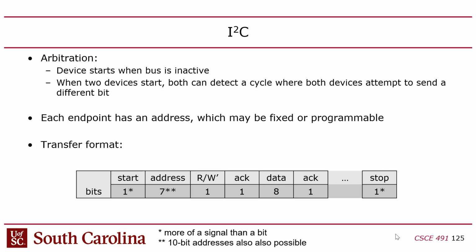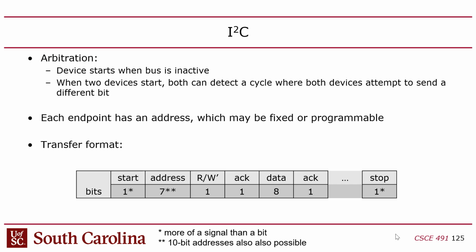So if I send the address and the read-write bit, whoever is receiving that is supposed to send an acknowledgement back to me. And if I don't get an acknowledgement, then there's a problem, right? Then I can just assume no one's listening. Or maybe there is someone listening, but for whatever reason there's an error. They didn't receive the address correctly, right?